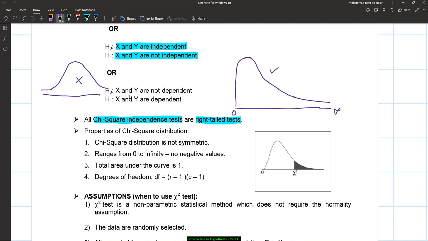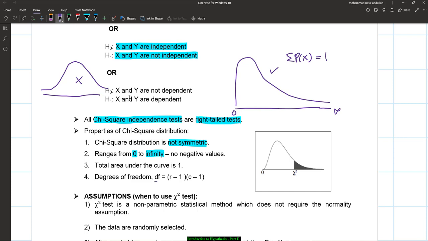The properties of the chi-square distribution: it is not a symmetrical distribution because it is skewed. It ranges from 0 to infinity. There are no negative values. The total area under the curve, the total probability, is still equal to 1. It still holds the properties of probability.